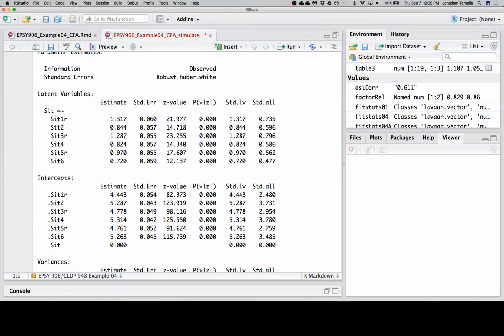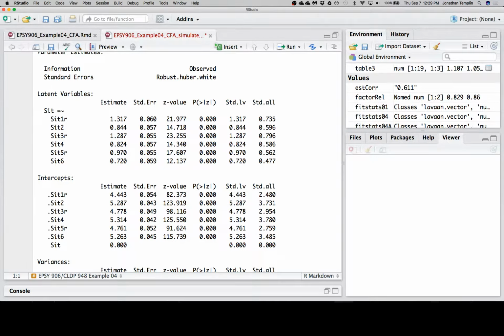So, interpreting this coefficient, the unstandardized estimate is just what we call estimate here. And it's unstandardized because this is the increase in the units of the variable. So sit1 goes up 1.317 units per 1 unit increase in sit.